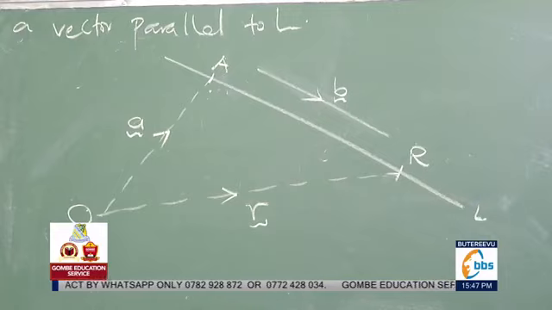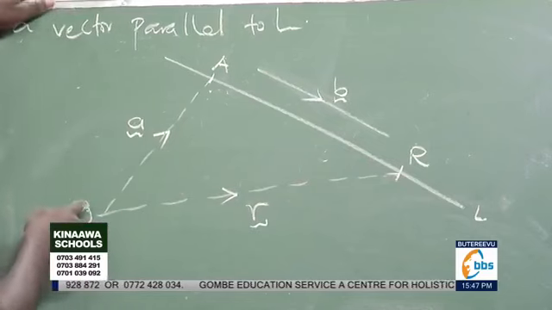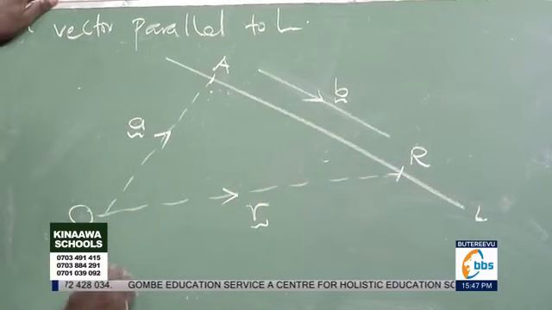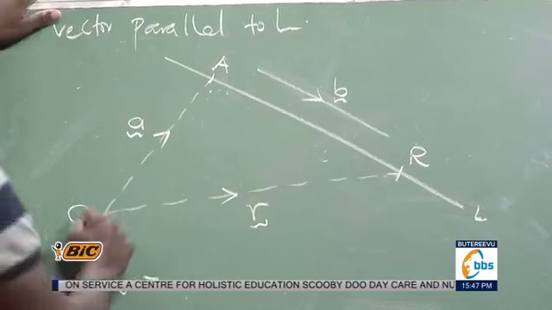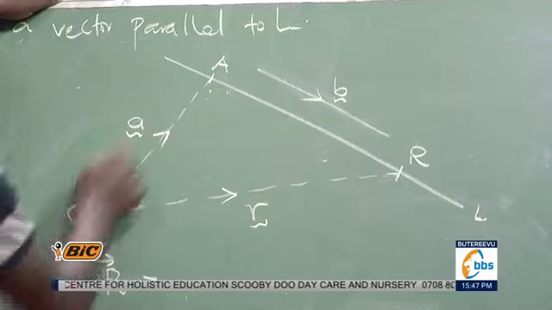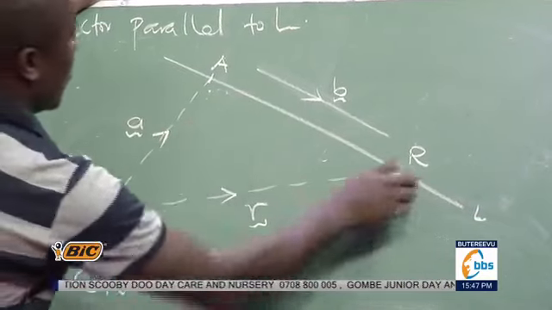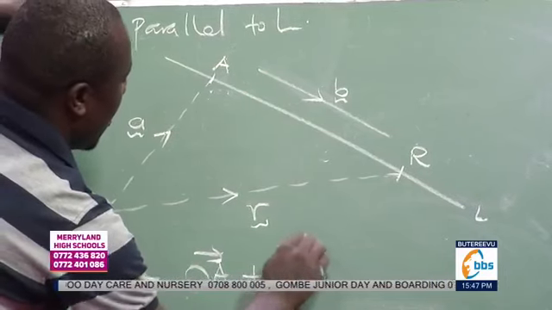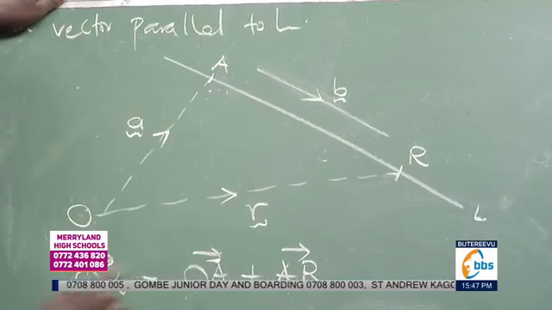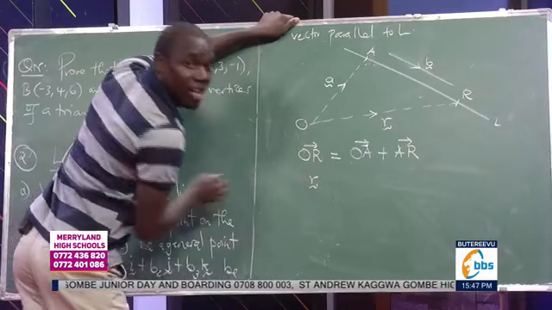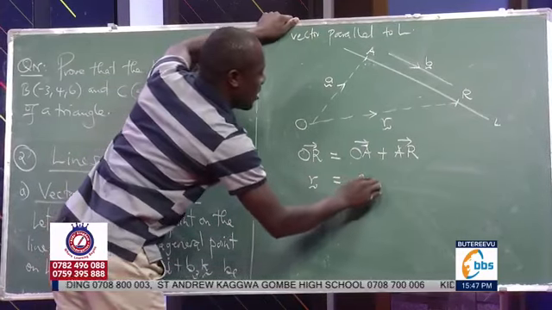So we notice that the vector OR, to move from O to R, is the same as moving from O to A, that is OA, and then plus A to R, plus AR. But we know that OR is that vector there, and this should be equal to OA plus AR.